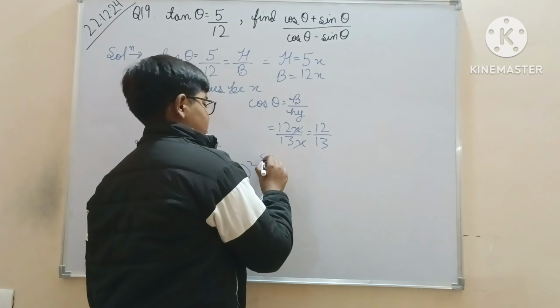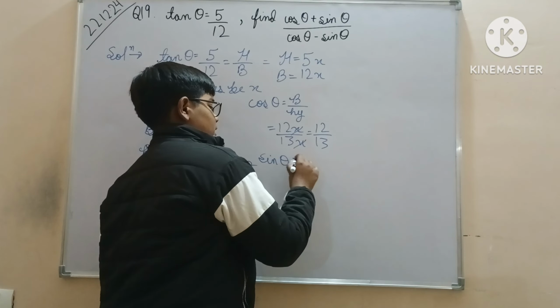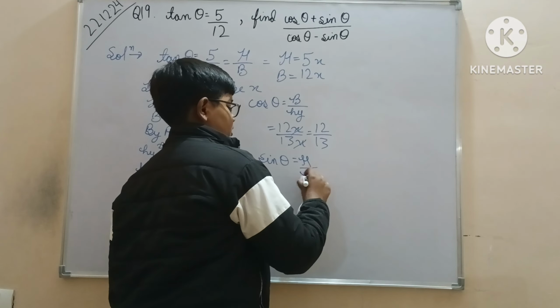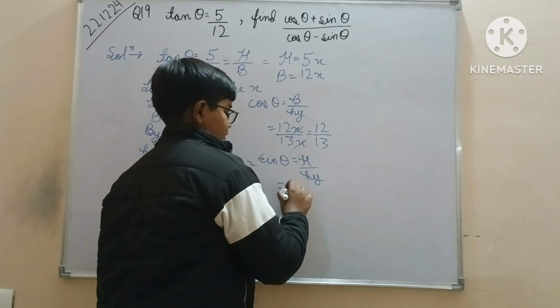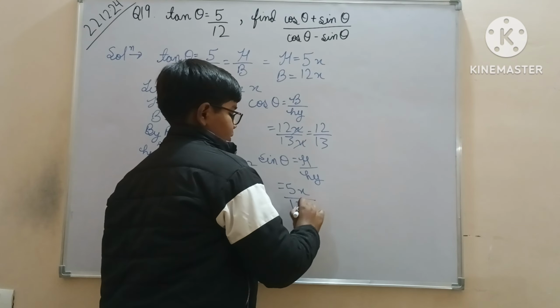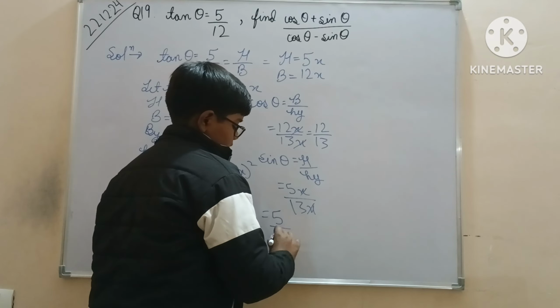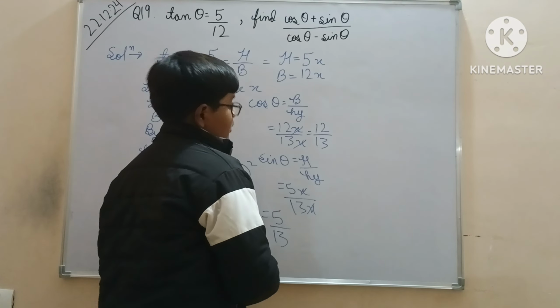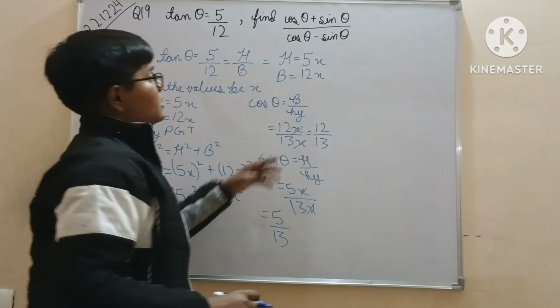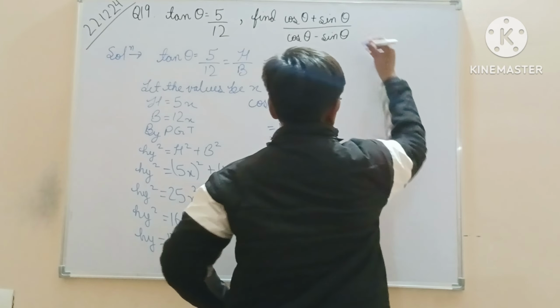And the value of sin theta we will find here. Sin theta's formula is height divided by hypotenuse. So height is 5x, hypotenuse is 13x, x and x will get cancelled and we will get the value of sin theta as 5 divided by 13. Now we will substitute these values into this equation.